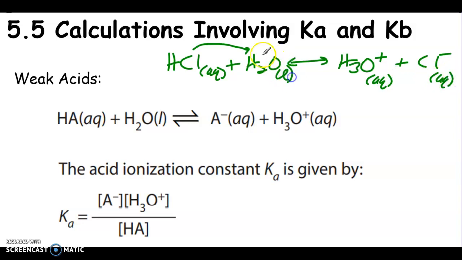Because this is a strong acid and it will 100% ionize, essentially whatever the concentration is of the acid would be the same concentration for the products. So let's say, for example, we had an acid concentration of 2 moles per liter. The concentration of hydronium would also be 2 moles per liter because all of it is becoming hydronium.